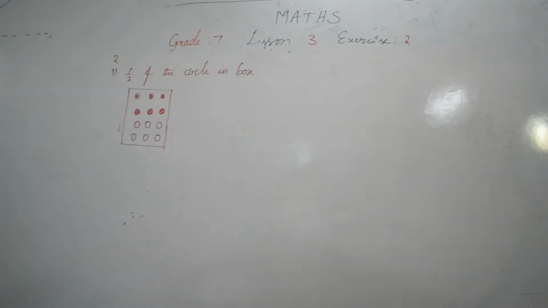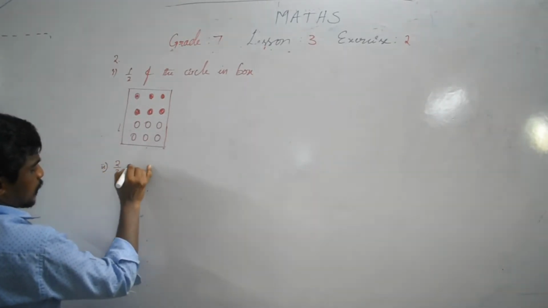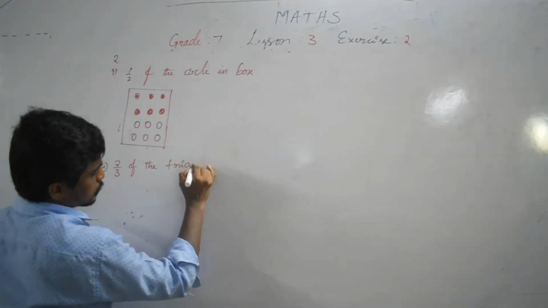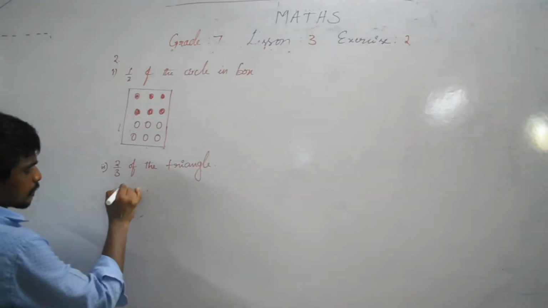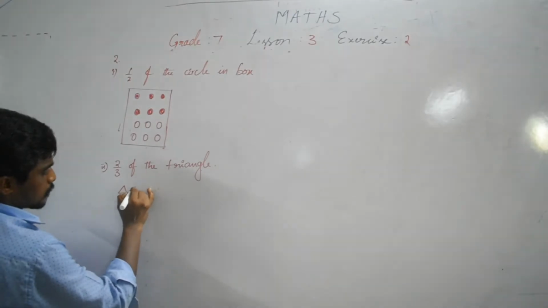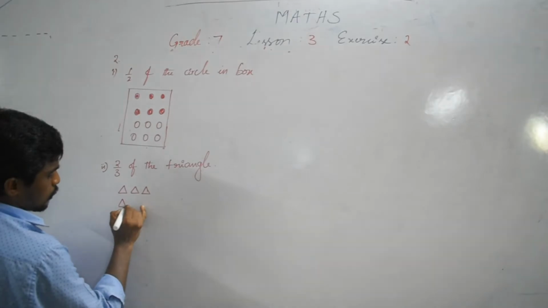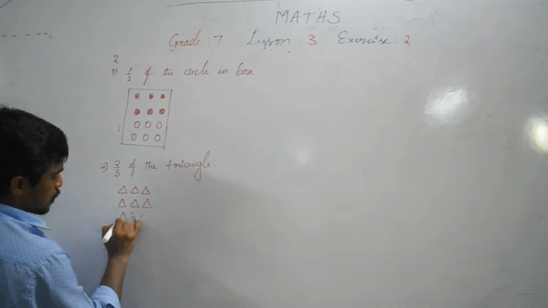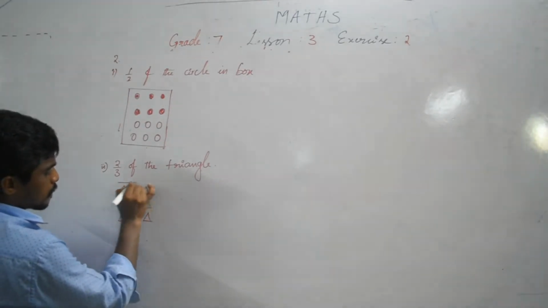Next one, 2/3 of the triangle. So the triangles are in 3 rows, 1, 2, 3.